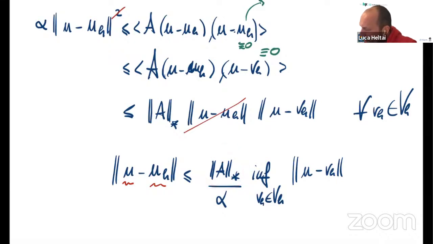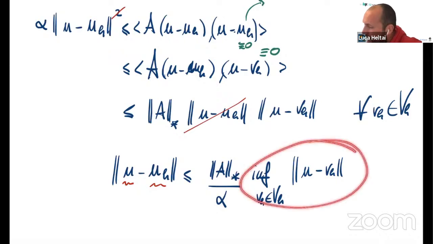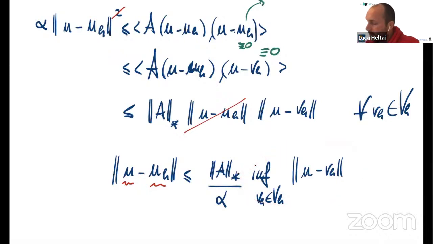And here you get 1 as well. And what this is telling you is that the error that you commit in the Hilbert norm is smaller or equal than the infimum over any functions v that you have there.